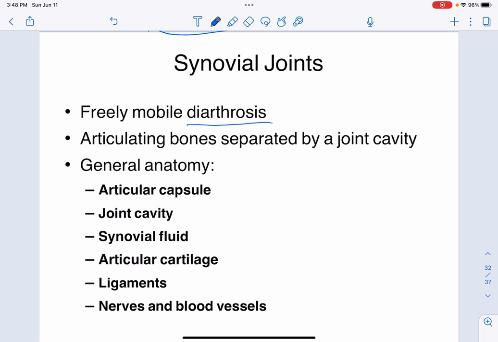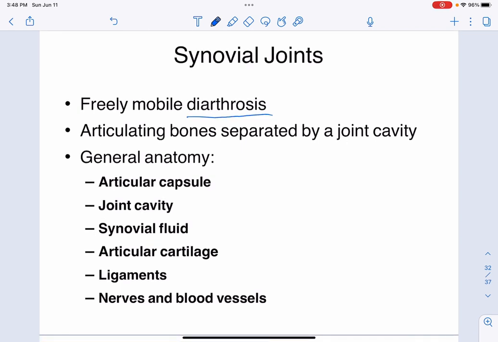So the general makeup, what makes up a synovial joint, I have listed here. And then on the following slide, I have a couple pictures of what synovial joints look like and how they are organized. So we are going to talk about the articular capsule, the joint cavity, the synovial fluid that surrounds the joint.